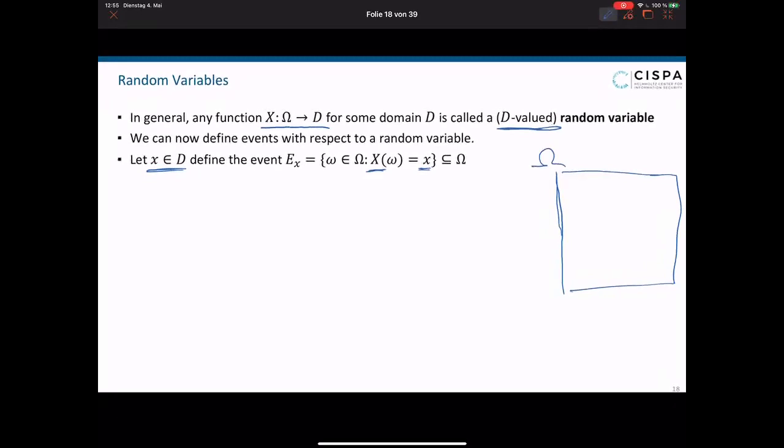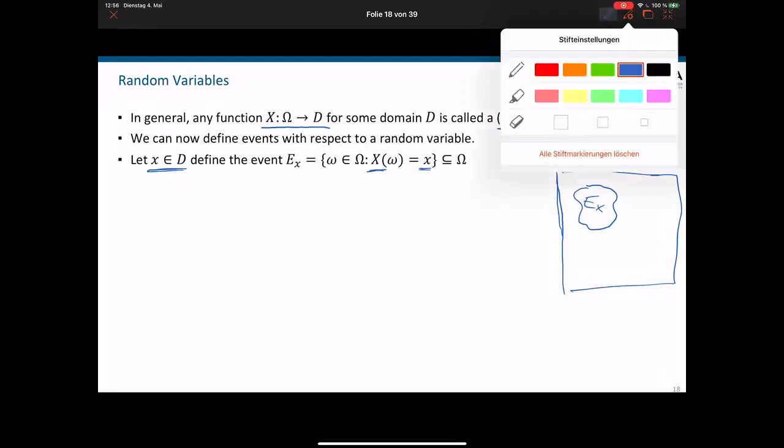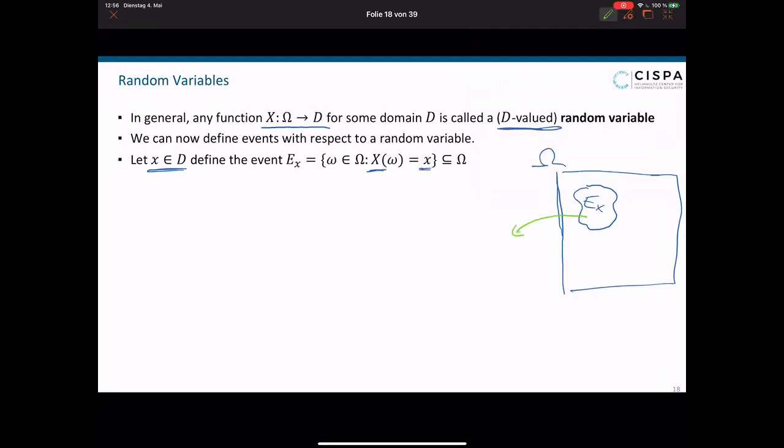So here we have our omega, and then how such an event E_x looks like. Think of that. Those are all the values in this sample space omega which map to this value x, right?